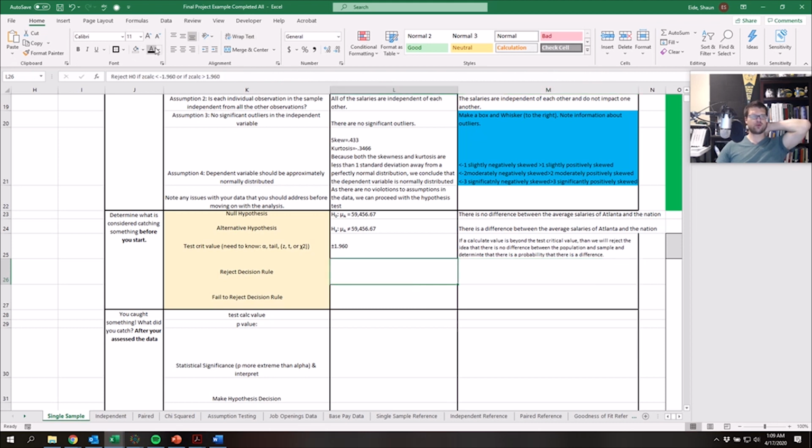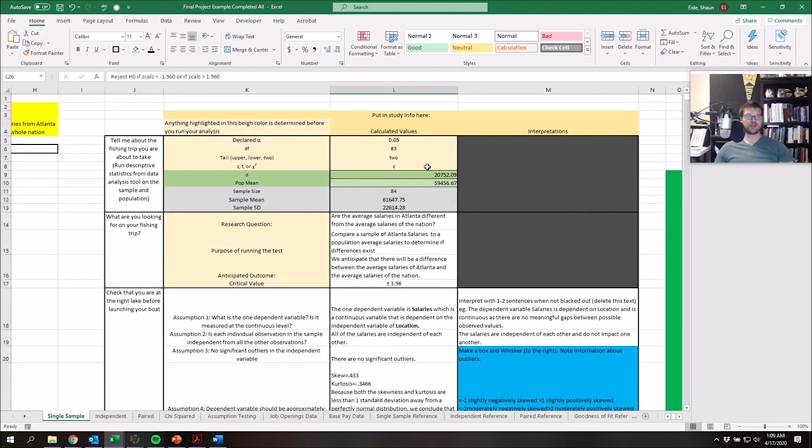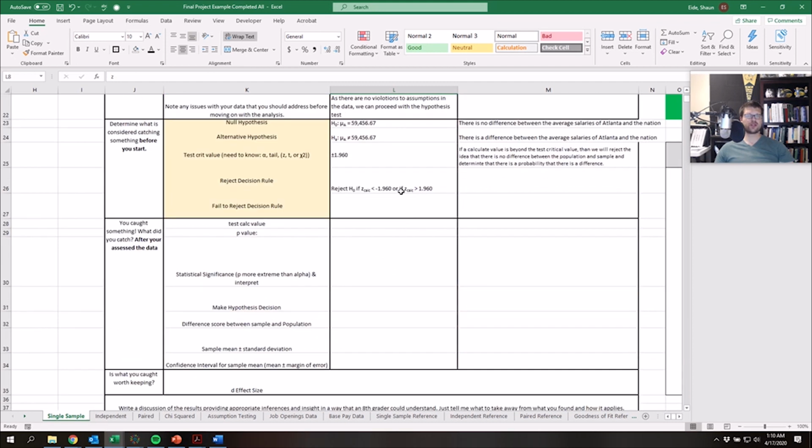So the reject decision rule: we are going to reject the null hypothesis if zcalc, are we using z? Yes, we are using z. Why are we using z? Because we have a population standard deviation.